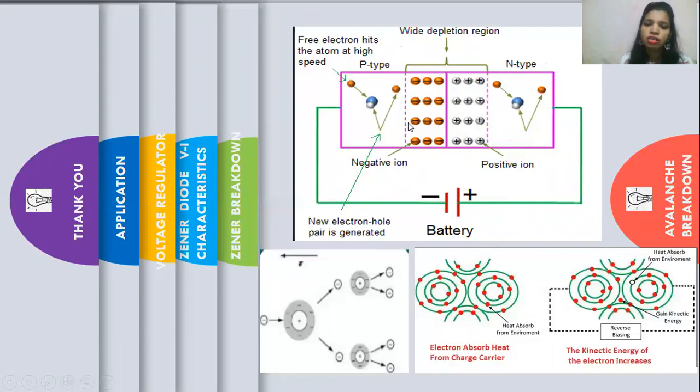Now understand, during reverse bias, depletion region increases and some current flows due to minority carriers. So only minority carriers are allowed to flow across this depletion region. If you remember the concept of semiconductors, if suddenly temperature increases or some atom absorbs heat from the environment, then what will happen?